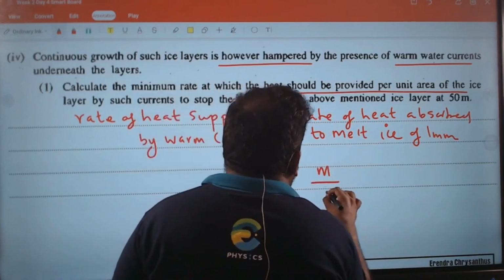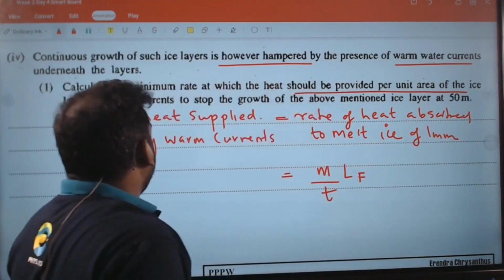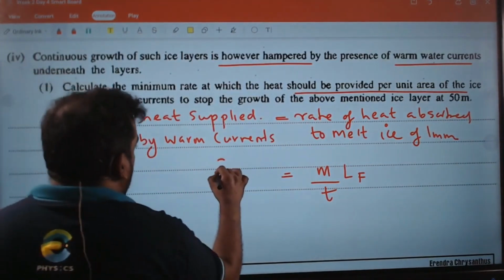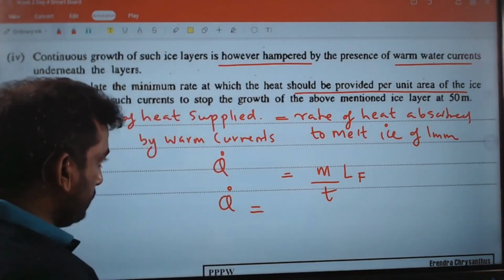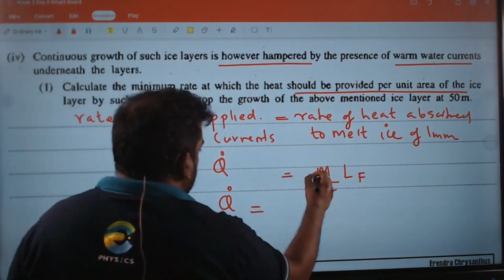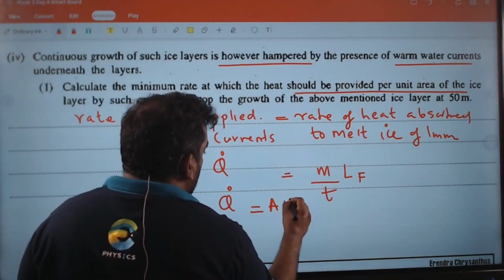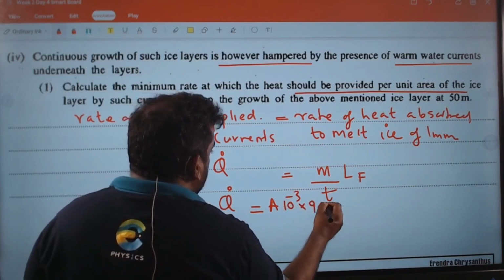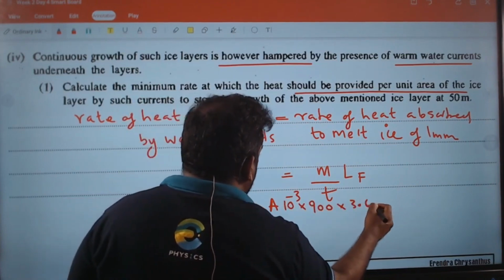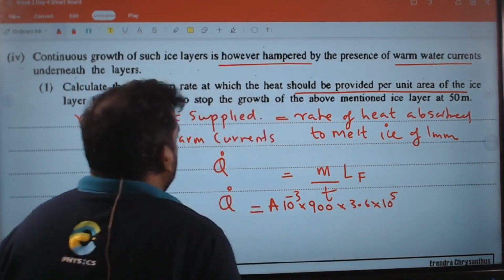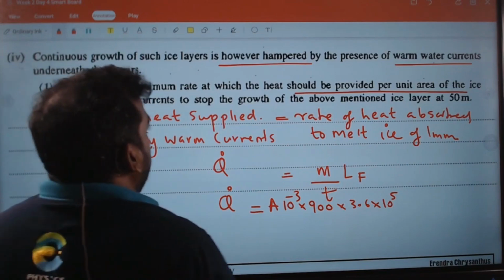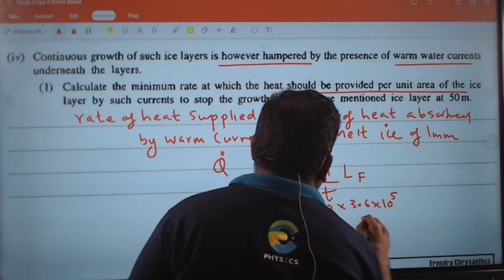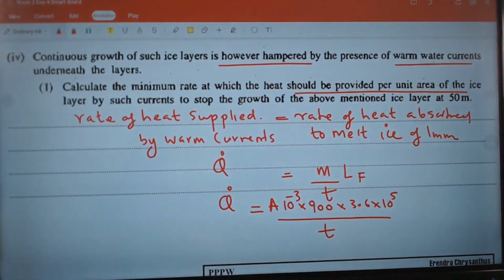So Q dot, rate of heat supplied, equals mass, which is area times 1 millimeter times density of ice 900, times LF 3.6 10 to the power 5, divided by time.